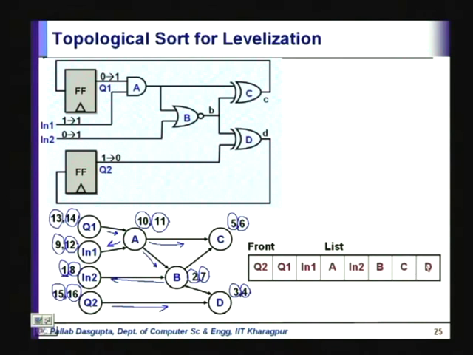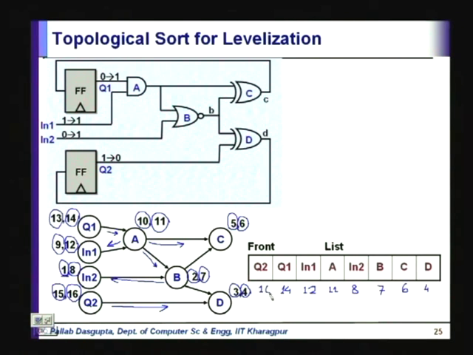Now, if you look at the exit labels, D has the exit label of 4, C has the exit label of 6, B has the exit label of 7, IN2 has the exit label of 8, A has the exit label of 11, IN1 has the exit label of 12, Q1 has the exit label of 14, and Q2 has the exit label of 16.